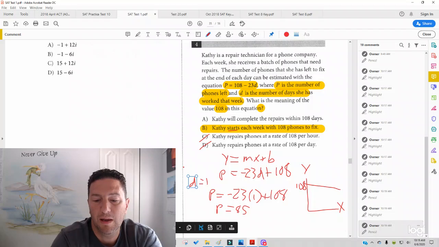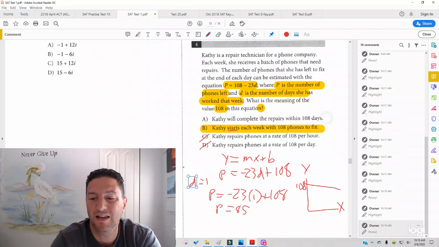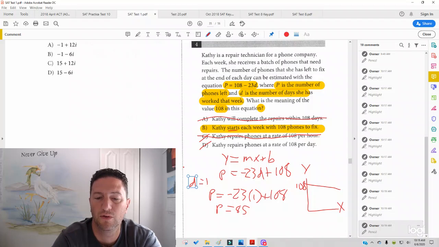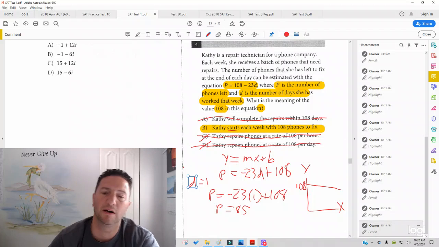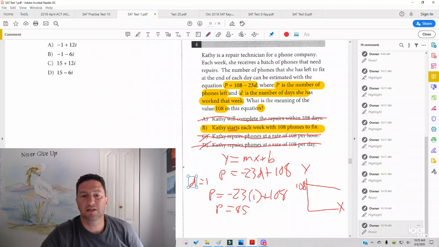So after a day passes, she actually has 85 phones left to fix. So it's not going to take her 108 days. That's way too long. And once again, if it were 108 per hour, after one day she'd have negative phones left to fix. And she's not fixing phones at a rate of 108 per day because after one day she would be done.